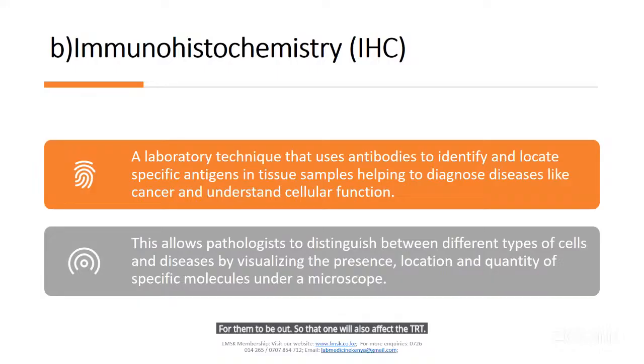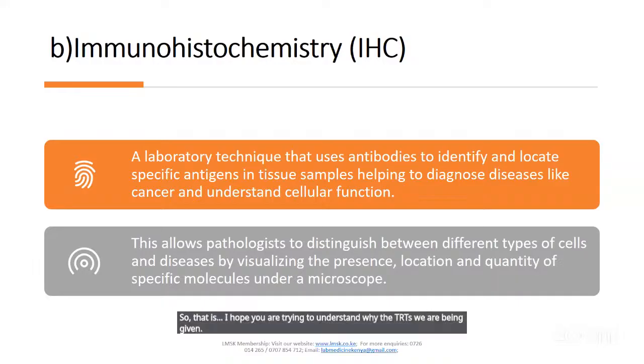So when someone is telling you our TAT is 2 weeks, 10 days, in most cases, they have factored in everything, including this IHC. And when I tell you my TAT will be 3 days, I might have not factored in the IHC part of it. So I hope you are trying to understand why the TATs we are being given are normally different.